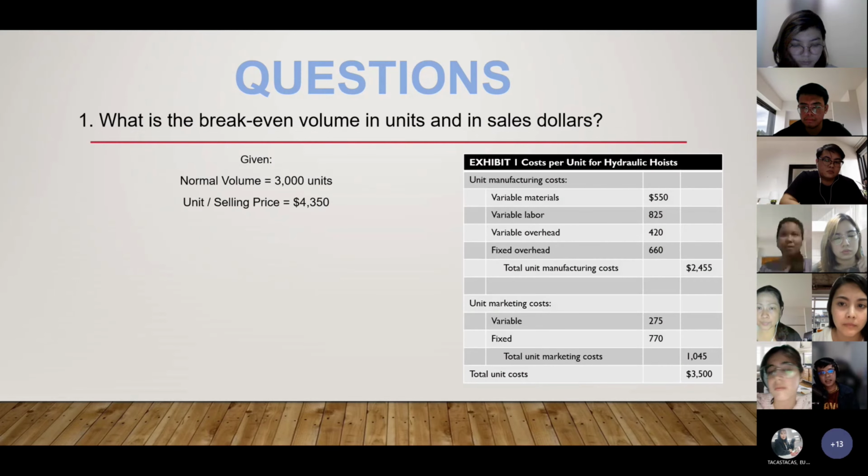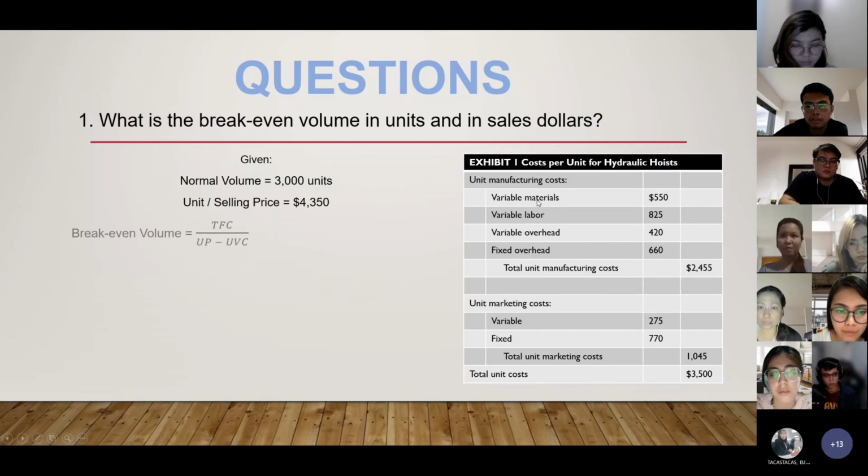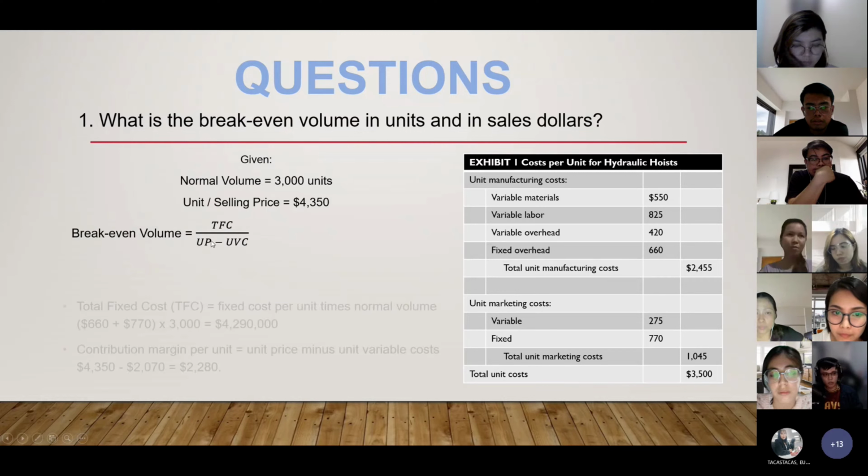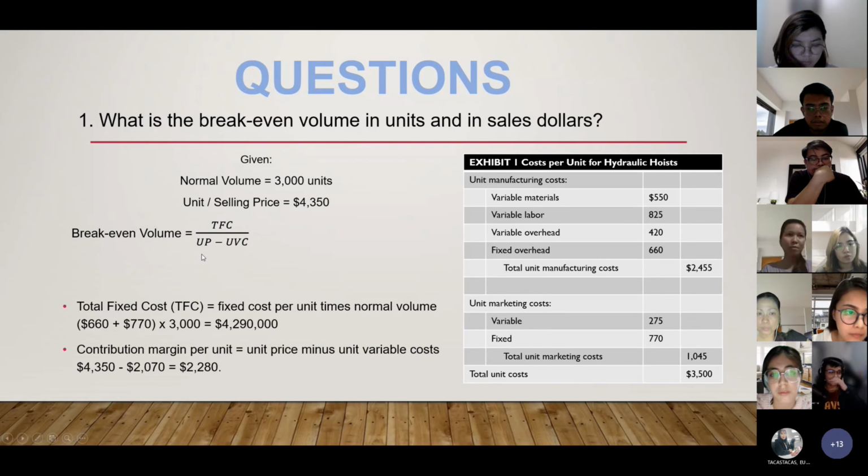So as I've said kanina, ang given natin is yung normal volume is equal to 3,000 units and unit selling price is equal to $4,350. So this is our Exhibit 1 table. First thing na kukunin natin is yung break-even volume. So this is going to be our formula, TFC over contribution margin per unit. First thing na kukunin natin is TFC, which is equal to fixed cost per unit times normal volume.